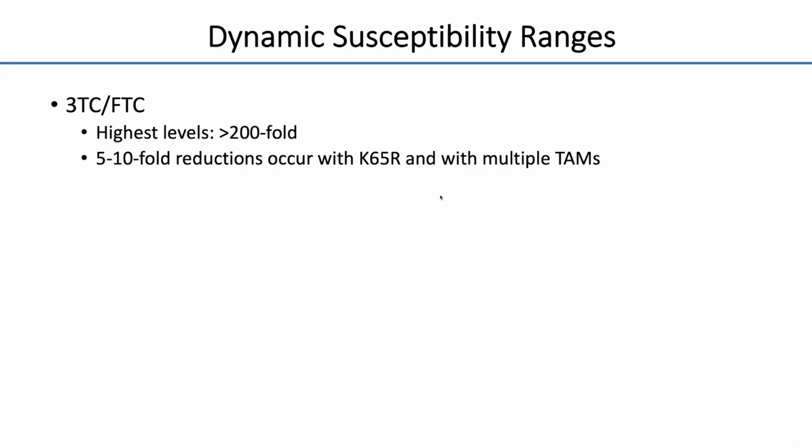As shown on the previous slide, greater than 200-fold reductions in 3TC and FTC susceptibility occur with M184V and I. Much lower reductions occur with other mutations, and we don't know the clinical significance of these lower levels of reduction in susceptibility for 3TC and FTC.